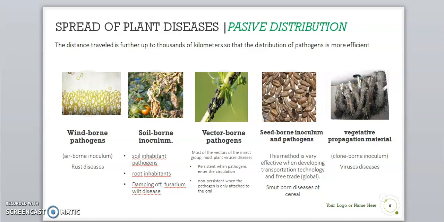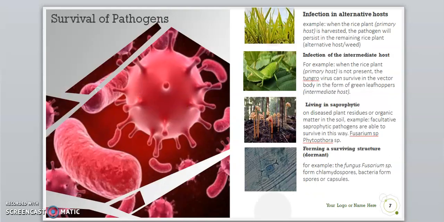And then the next, this is very important too: survival of pathogen. When the host of the disease disappears, they can infect another host, or we say alternative host.